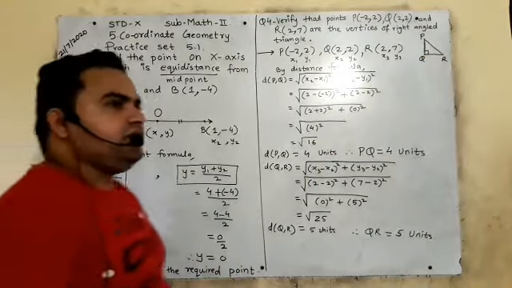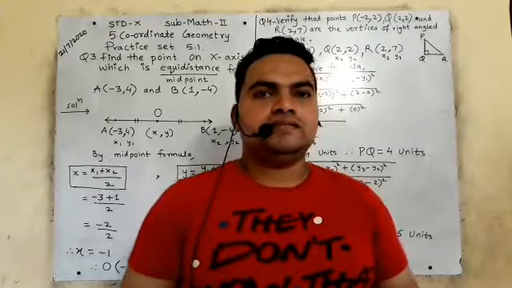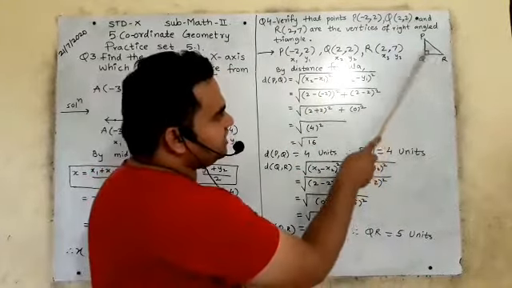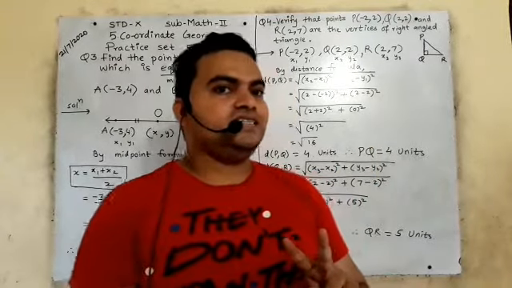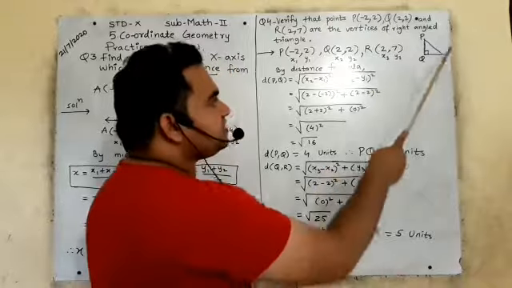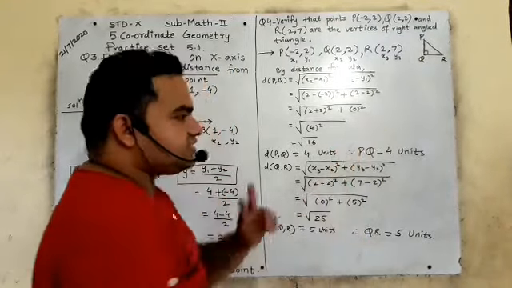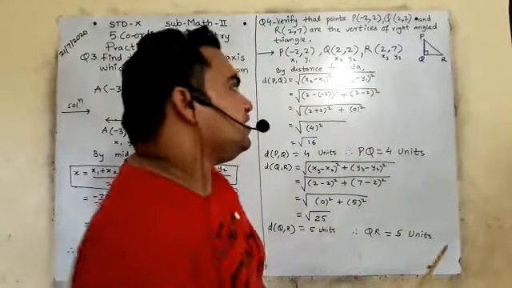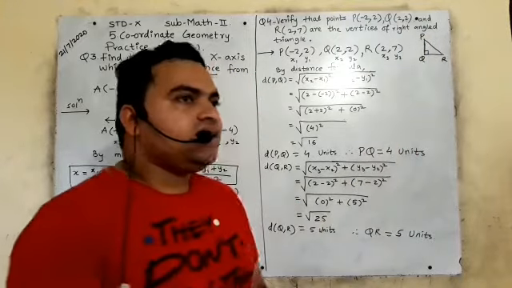What exactly we have learned till now in 10th standard is that the sum of the squares of two sides should be equal to the square of the third side, which is the hypotenuse.